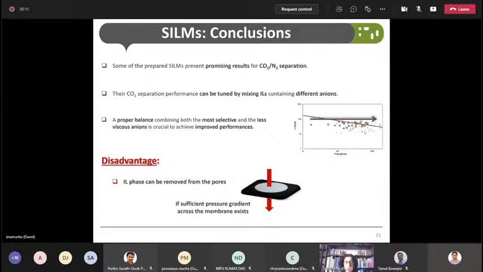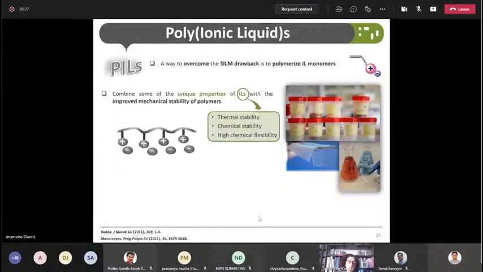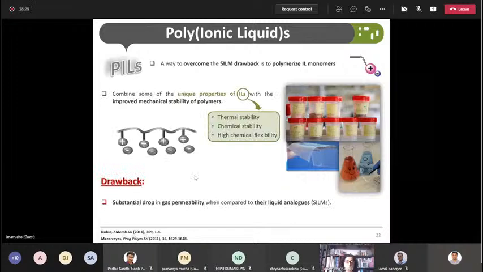So in order to overcome this disadvantage, we proposed to prepare polymers. So if instead of having ionic liquids, I will have polymeric ionic liquids, they will have high thermal stability because polymers have high thermal stability, high chemical stability, and high chemical flexibility because I can just polymerize any ionic liquid.